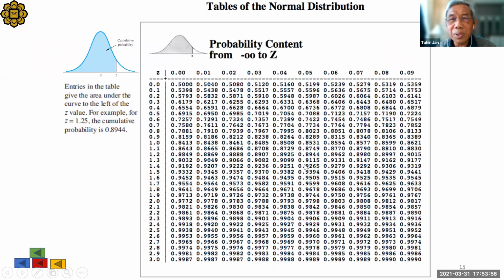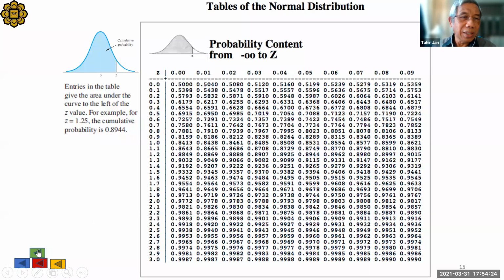Where is it? Where's the nearest? Which one do you want? 1.29 or 1.28. Which one is closer? It doesn't matter. I think 1.28 is closer. Okay, up to you. So 1.28.